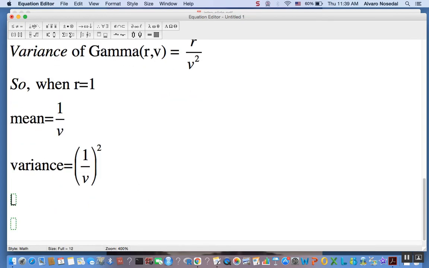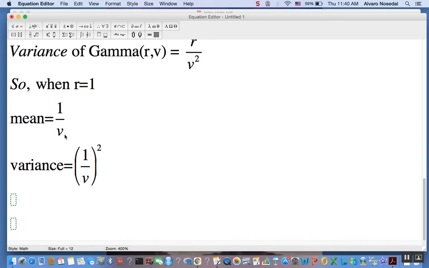Okay. So what we're going to do next is see what happens to the shape of the PDF of an exponential as v changes. We're going to see what happens if we make v vary.